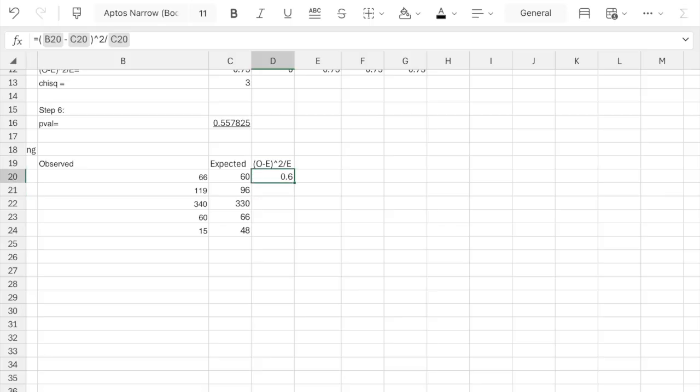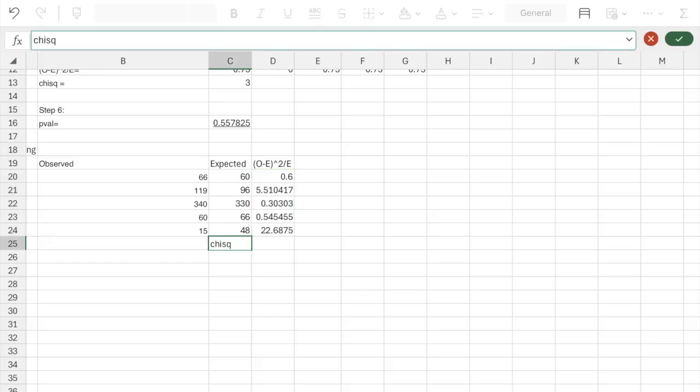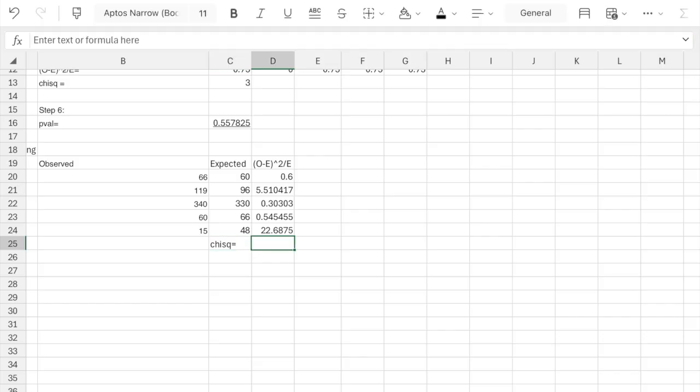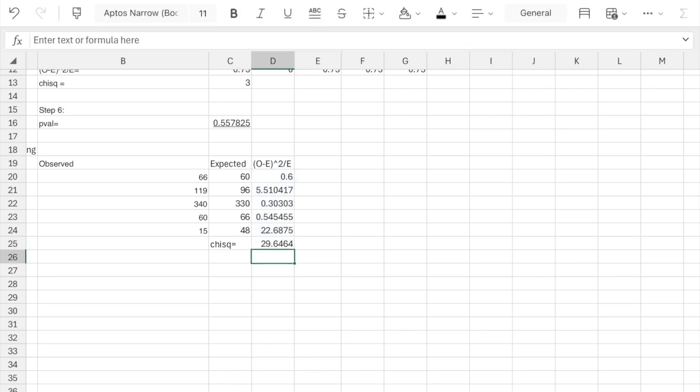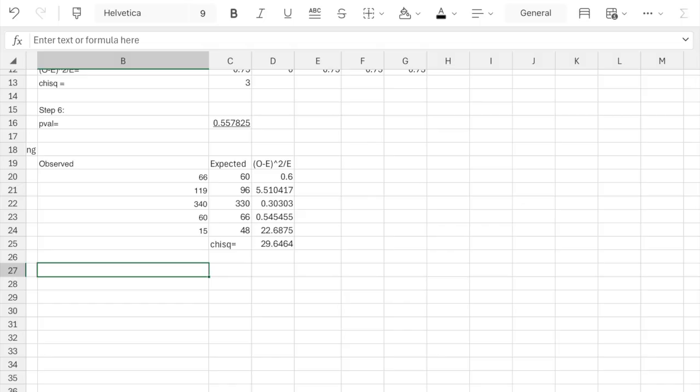Okay, Command C, paste. There are those values, and so chi-squared is going to be the sum of these. There it is. Enter. 29. All right, that seems pretty big to me.